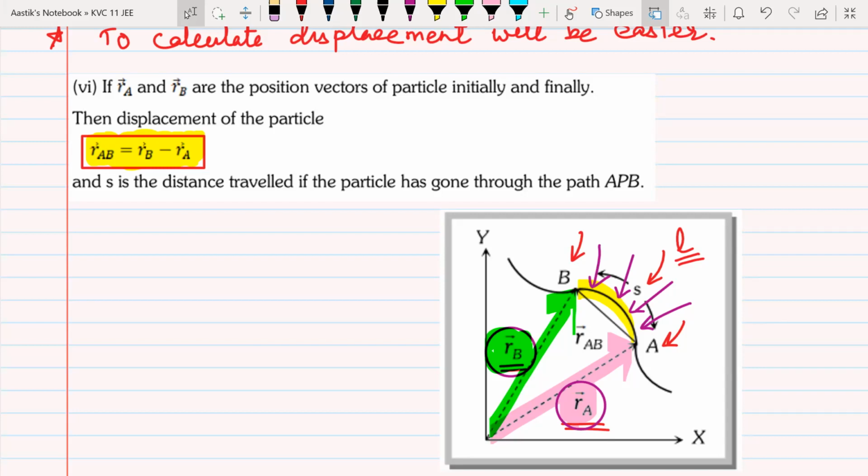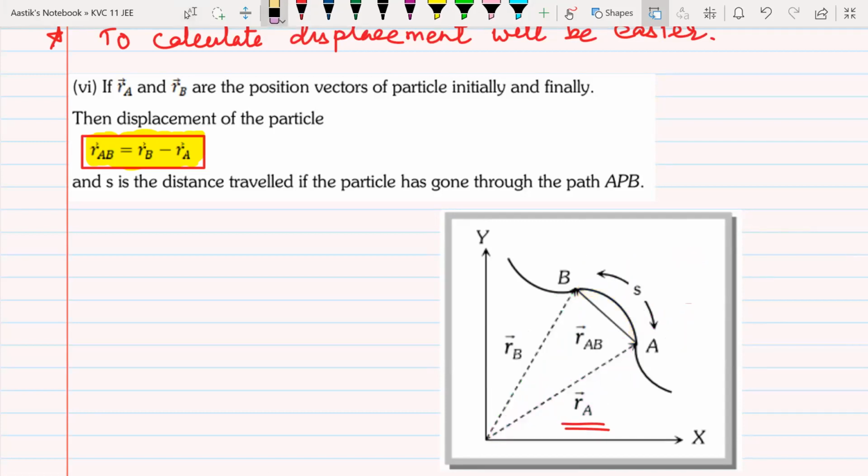Do you want me to rub the diagram so that you can draw it correctly? Should I rub it? So I've rubbed the entire thing. You can draw it now correctly.